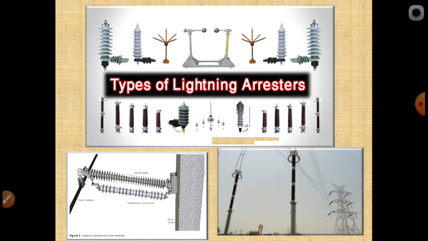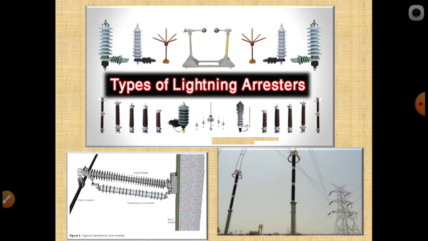And in a substation, before the line enters the substation, the first equipment is a lightning arrestor. If any waves, when a high voltage comes in transmission, before entering the substation, it will take care of it. So this is the purpose of lightning arrestors.